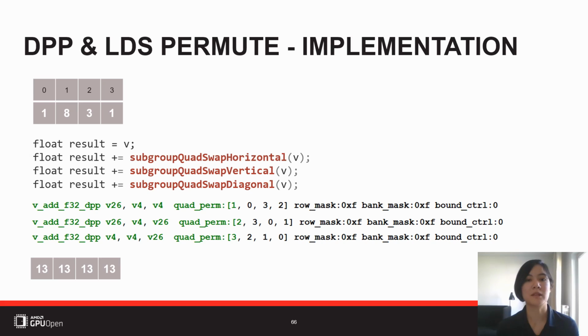If you look at the quad perm Swizzle pattern, you can directly see the horizontal quad Swizzle. Then in the second instruction you can see the vertical Swizzle, and in the last instruction you see the diagonal Swizzle. And you add them directly, so it's one instruction for the addition and the Swizzle actually. So as you see, this is really performant. This is how DPP works. And at the end we have the sum in each of the threads, which is in this example 13.